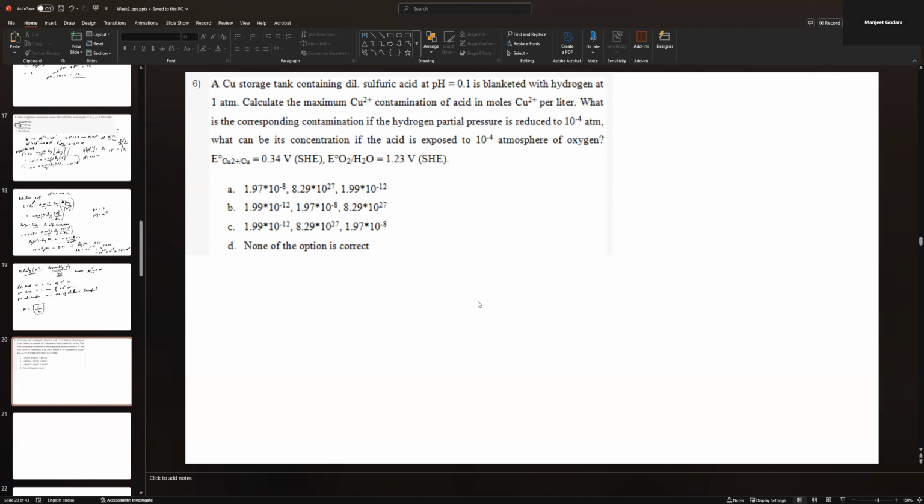We have to find the molarity of copper 2 plus. What is the corresponding concentration if the hydrogen partial pressure is decreased to 10 to the power minus 4? And what can be the concentration if the acid is exposed to 10 to the power minus 4 atmosphere of oxygen?